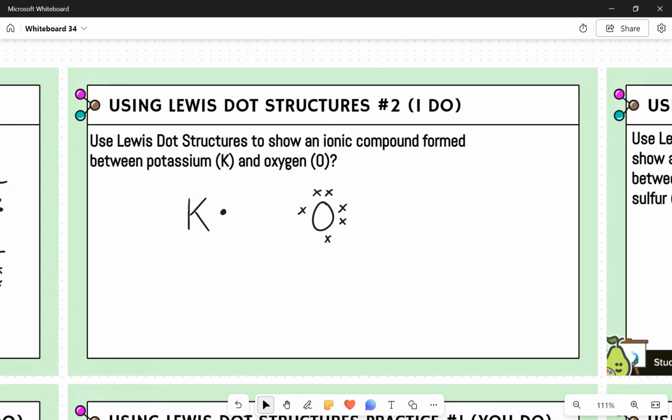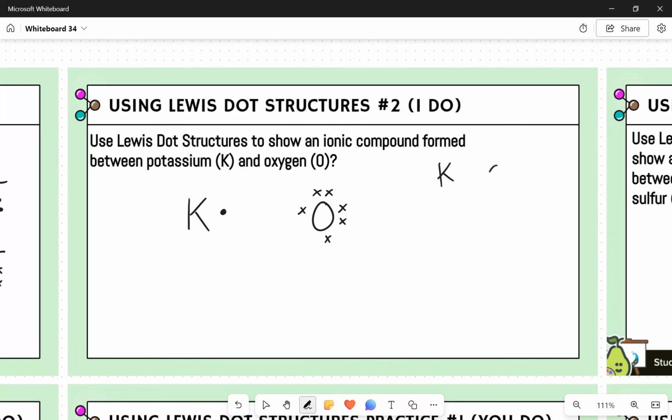Now, we have a minor problem here, and that minor problem is that 1 potassium alone is not enough to fill up the valence shell of oxygen. Now this is pretty easily solved if we use the crisscross method.